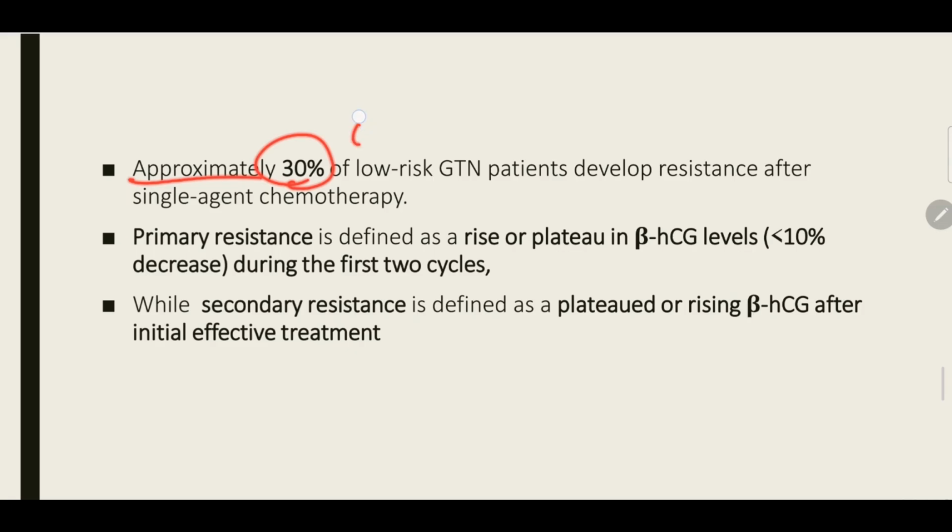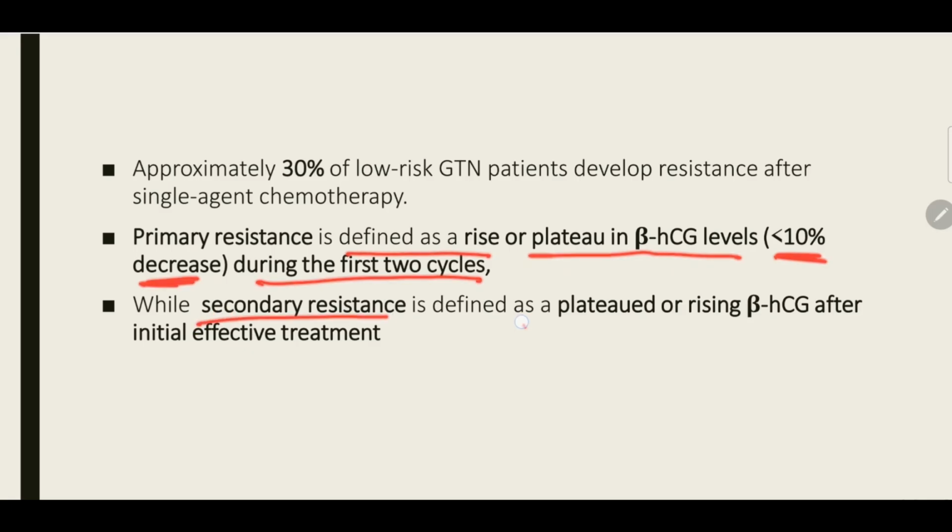Approximately 30% of low risk GTN patients develop resistance after single agent chemotherapy. So resistance is of two types, primary resistance or secondary resistance. Primary resistance is defined as a rise or plateauing of beta hCG levels, but less than 10% decrease during the first two cycles. Whereas secondary resistance is defined as plateaued or rising beta hCG after initial effective treatment.